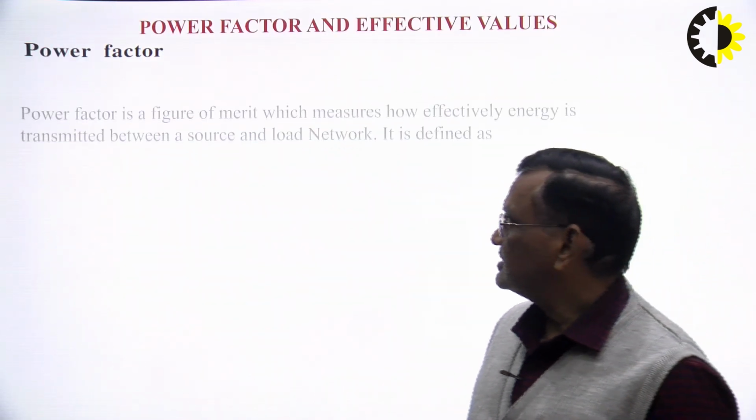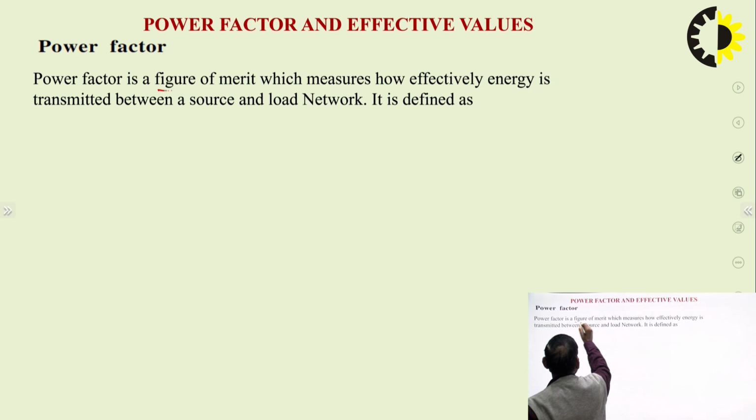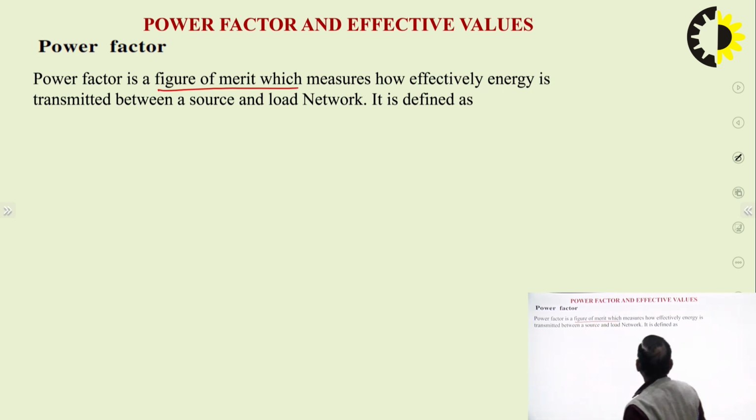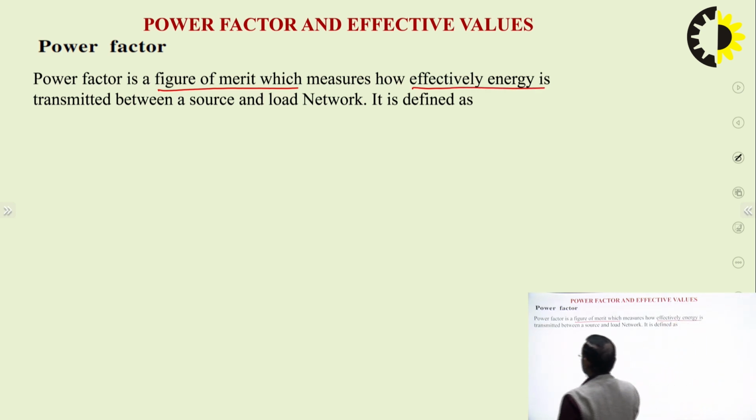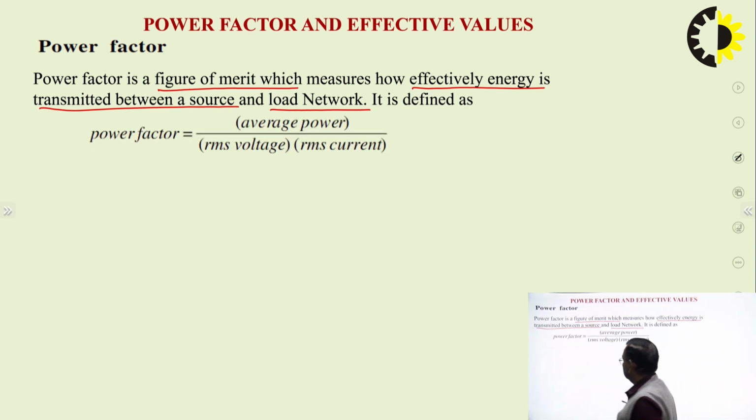So power factor is defined as a figure of merit which measures how effectively energy is transmitted between a source and a load network, and it is defined as the ratio of average power to the apparent power, or you can say the true power to the apparent power.